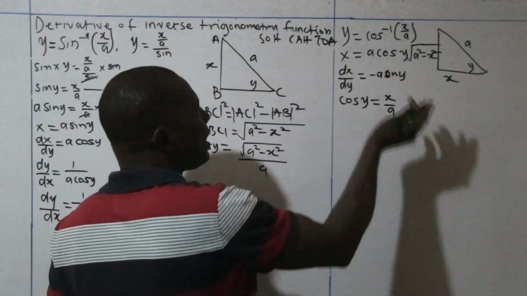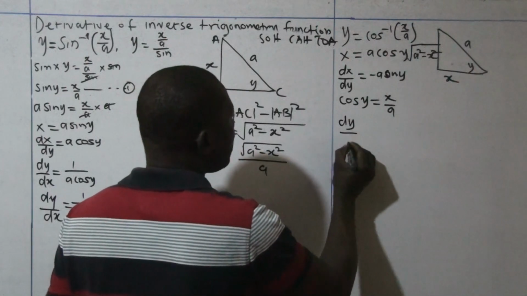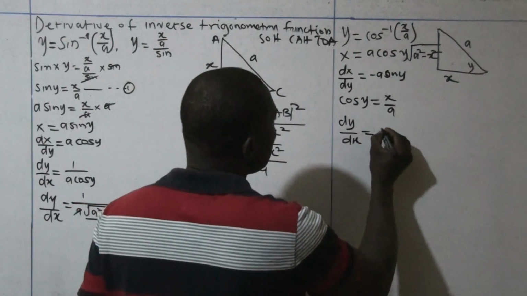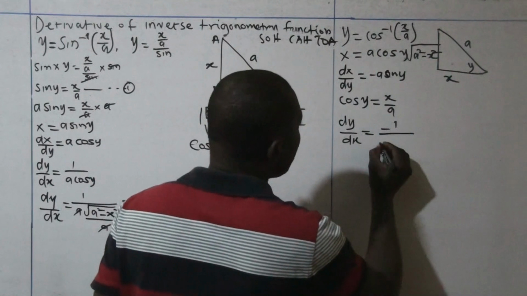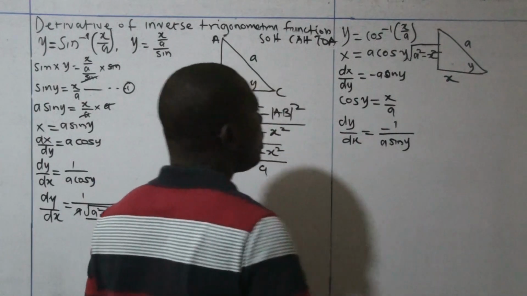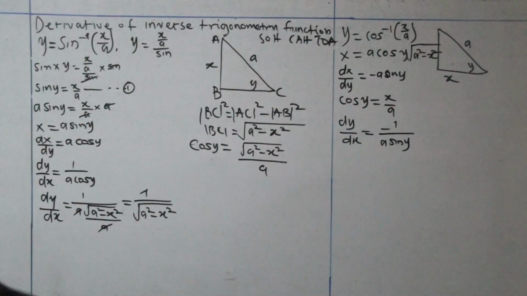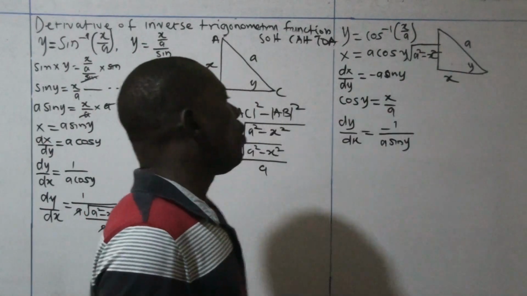Looking for dy/dx, this becomes minus 1 over a sin y.